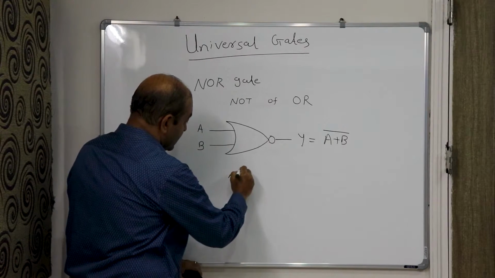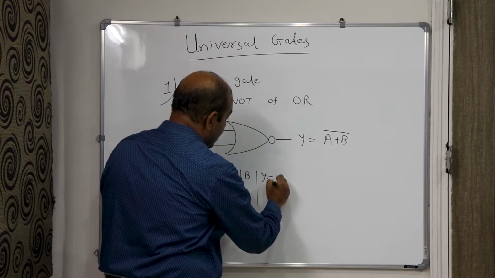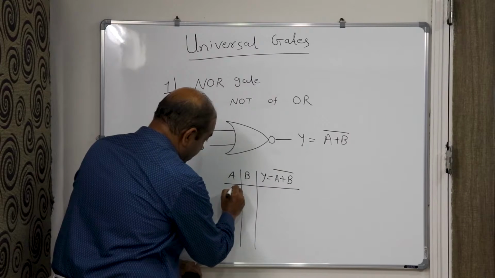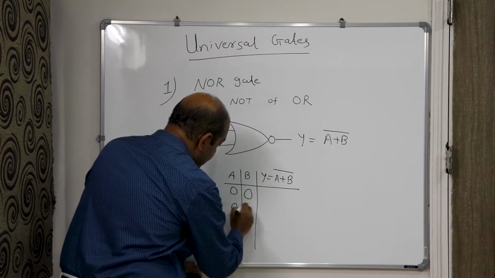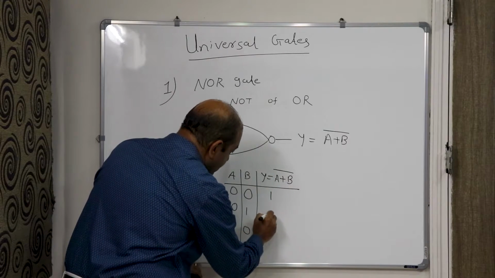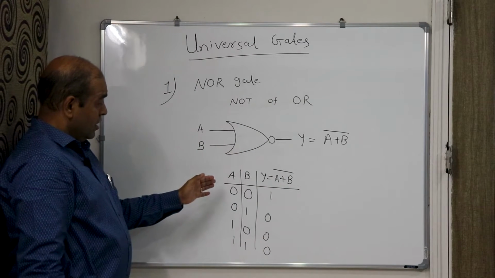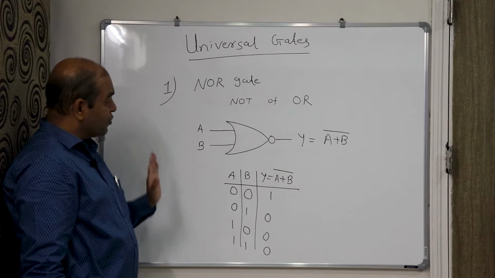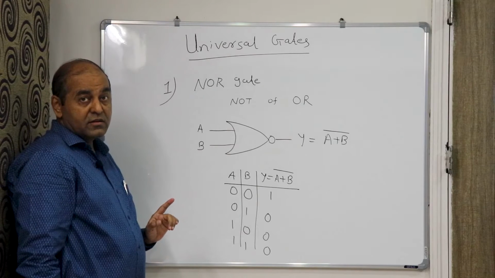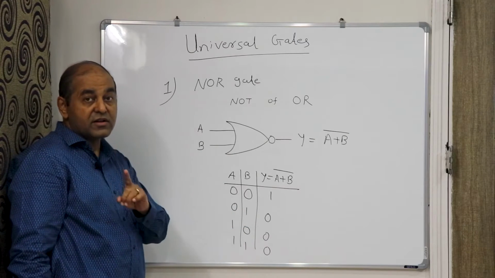Truth table. Two input means 4 cases. When all the inputs are 0, output is 1. And when any input is high, output is 0. This is a very interesting case.